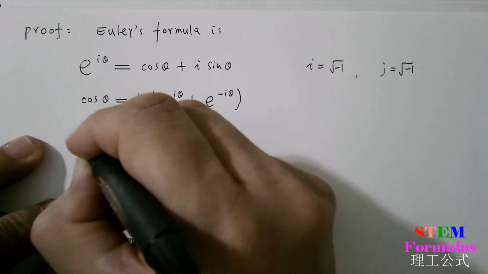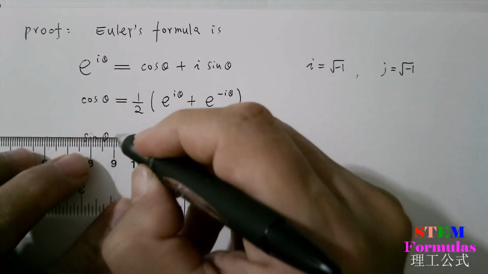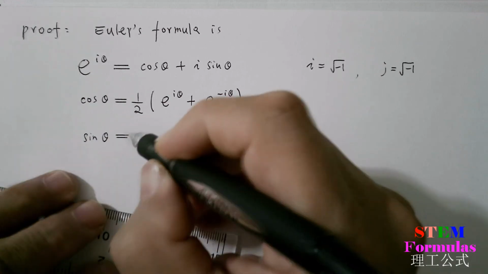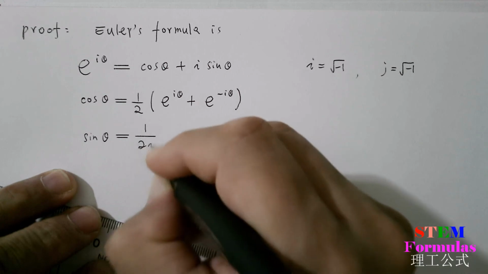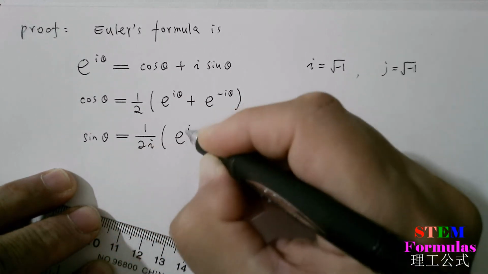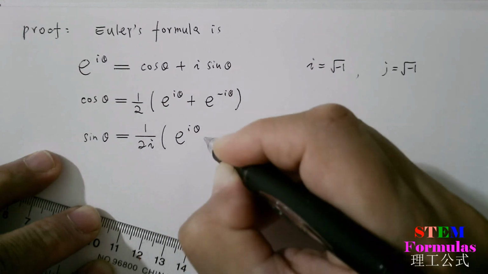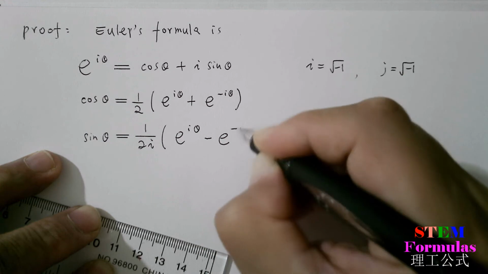Now, sine theta equals 1 divided by 2I times (e to the I theta minus e to the minus I theta).